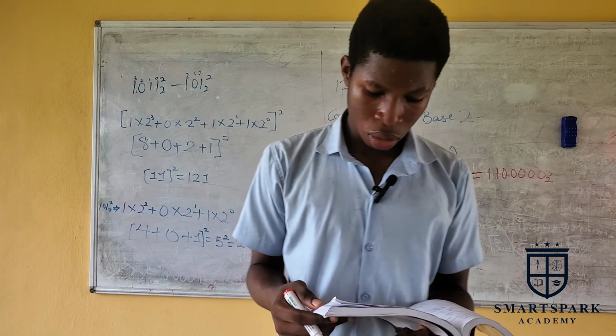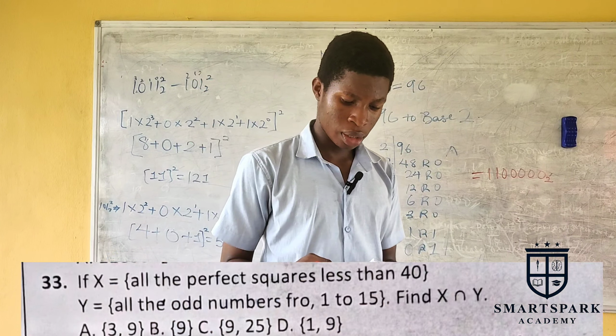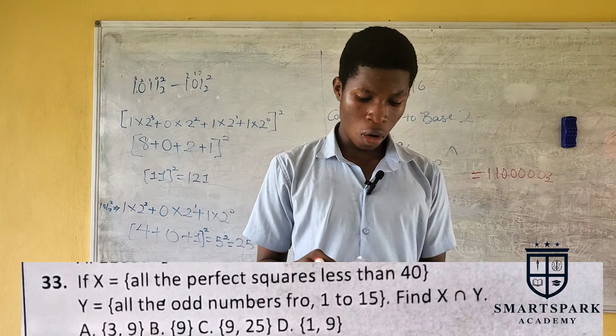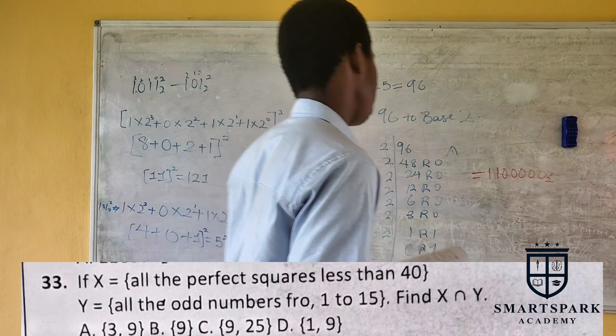Now we are going to take a look at question 23. If x is all perfect squares less than 40, and y is all odd numbers from 1 to 15, we are going to attempt this question.